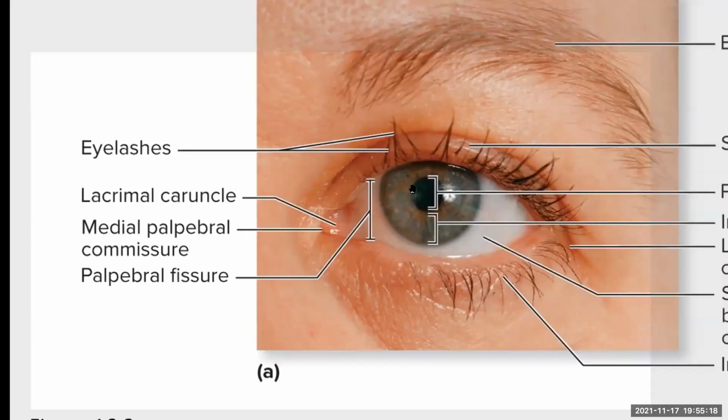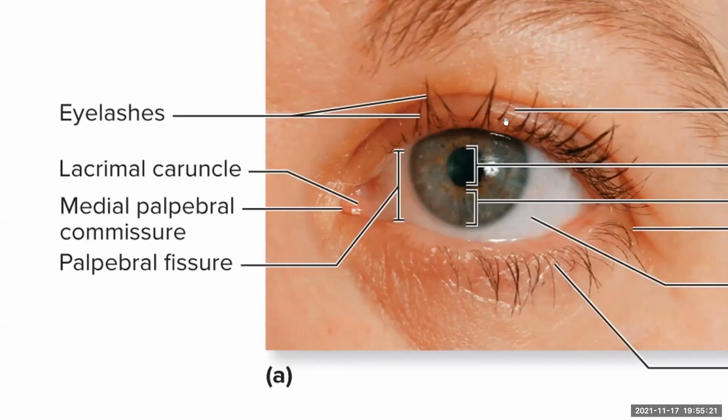So let's look at all these structures which I was just going over with you. Let's start over here on the left side. Obviously, you can tell here are the eyelashes on both the superior and inferior palpebrae. You'll notice this opening here is the palpebral fissure. When your eyes are closed, it'll have more of a slit-like appearance. Here is your pupil. Here is the iris. We'll talk about that. The white of your eye is known as the sclera.